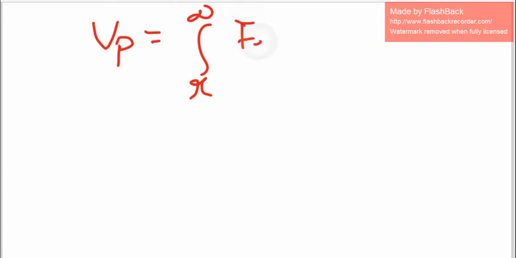So if I want to calculate the electric potential Vp at point P, it is the integral from r at point P to infinity of F dot dr divided by q, work per unit charge.